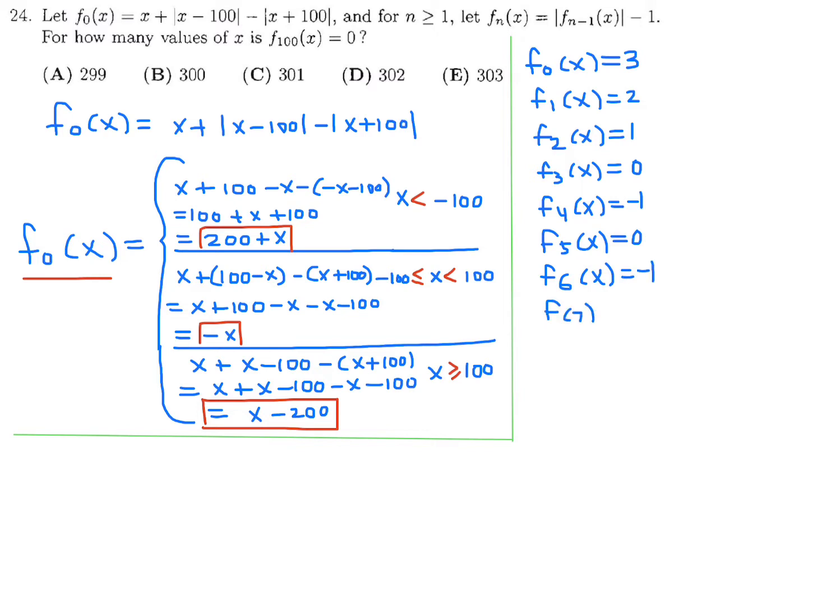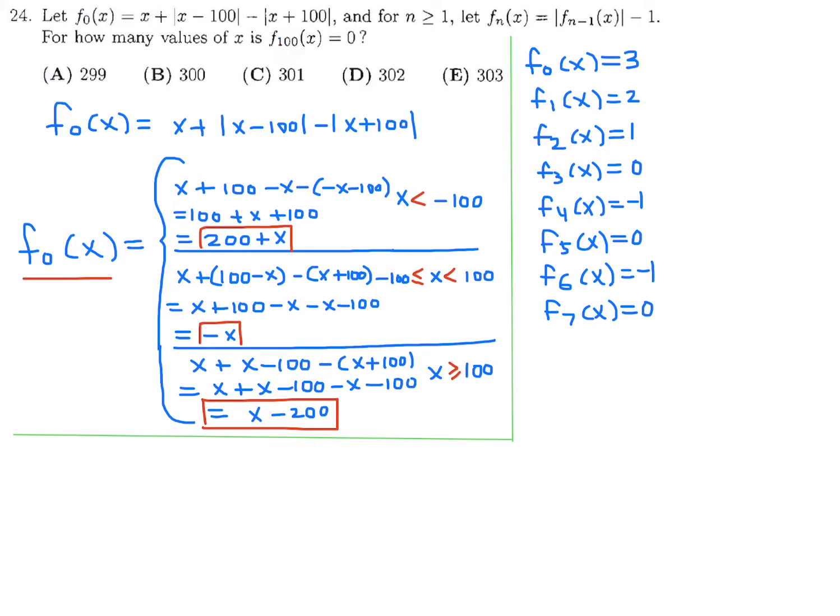f at 7 at x will be back at 0. Yeah. So this now just keeps oscillating between 0 and negative 1, as you can see. So that means you're going to eventually get down to 0 if these are odd. But the problem is that our f at 100 is even.